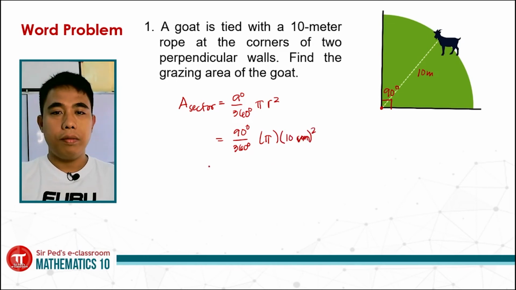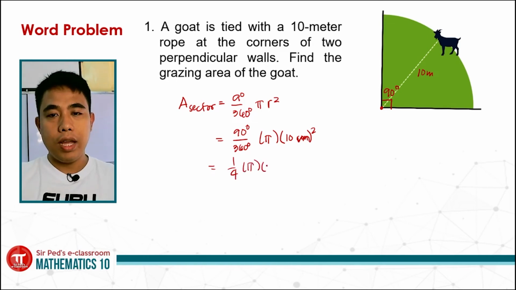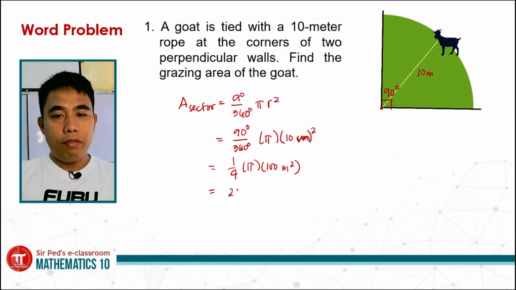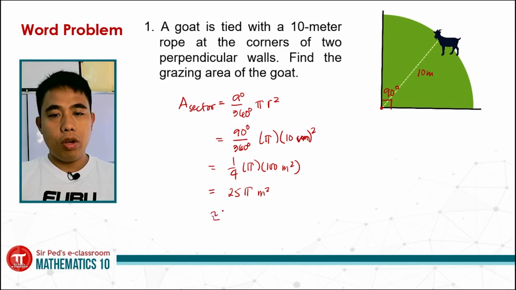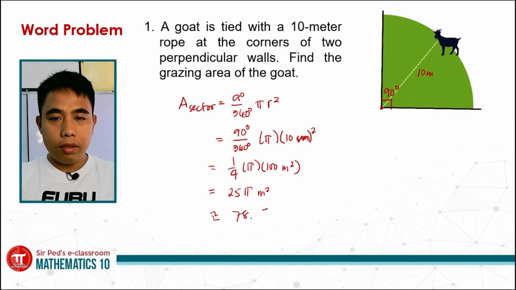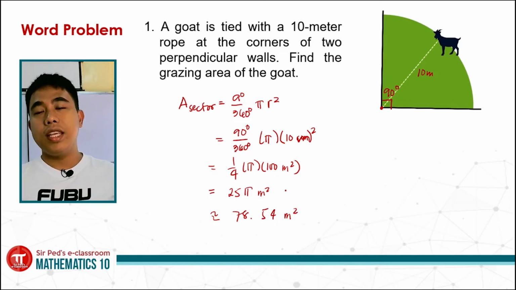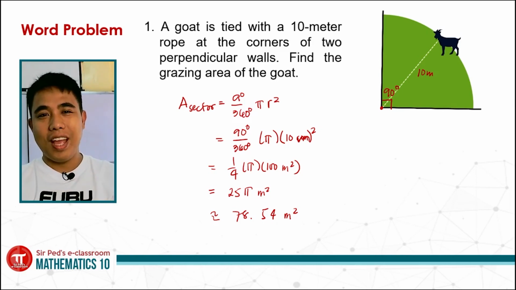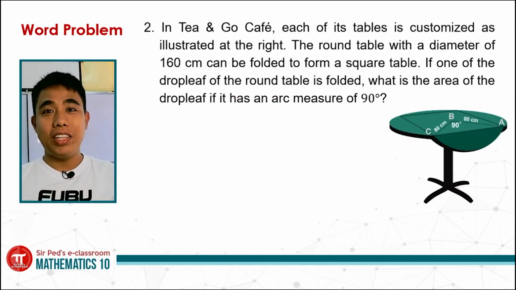So that will be 1/4 times pi times 100 meter squared. So 100 divided by 4, that is 25 pi meter squared, or approximately equal to 78.54 square meters. That's the grazing area of the goat. Very easy? Can you follow? Nice one.